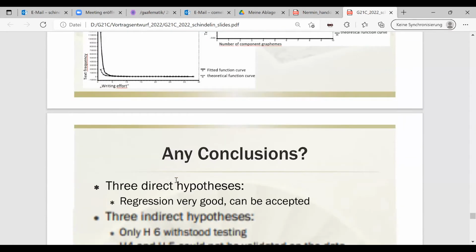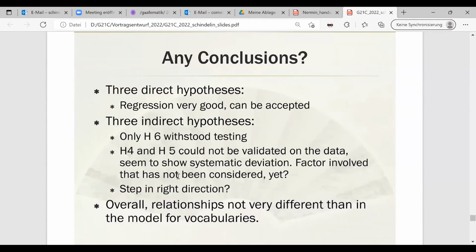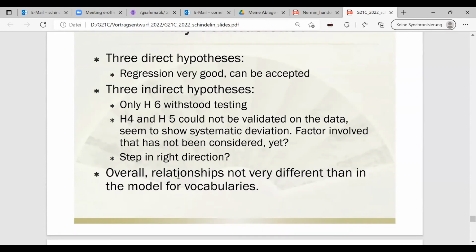So, any conclusions? Well, statistically, the three direct hypotheses could be accepted as regression was very good. But there are problems with the three indirect hypotheses. I didn't talk about testing. The testing was not very sophisticated. I did just the same kinds of tests that Köhler had done in his studies, which is basically t-testing.